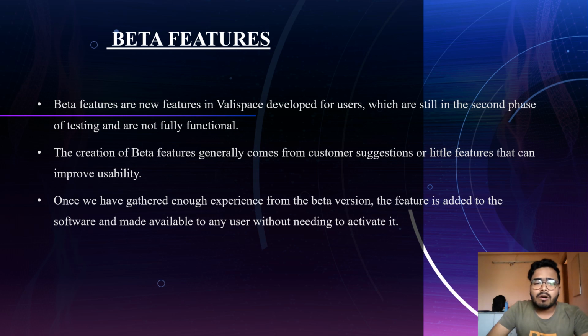The creation of beta features generally comes from customer suggestions or little features that can improve usability. Once we have gathered enough experience with the beta version, the feature is added to the software and made available to any user without needing to activate it.